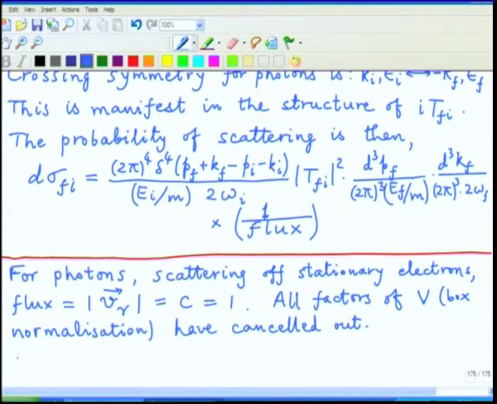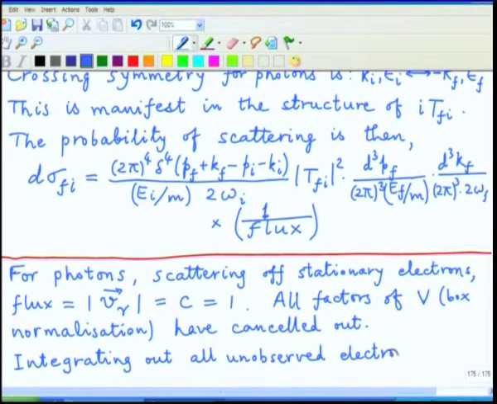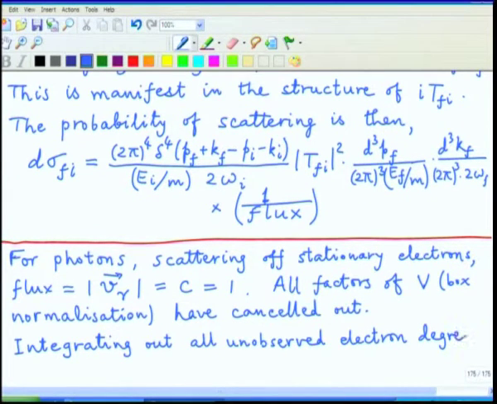So, what we do is, integrating out all unobserved electron degrees of freedom, we get rid of the space part of the delta functions rather easily by removing the d^3p_f integrals, and then the energy part will remain as a delta function, but that has to be removed by integrating over d^3k_f, or rather the radial part of the d^3k_f integral.